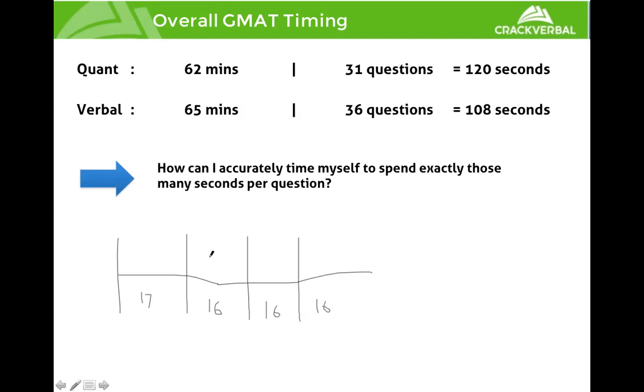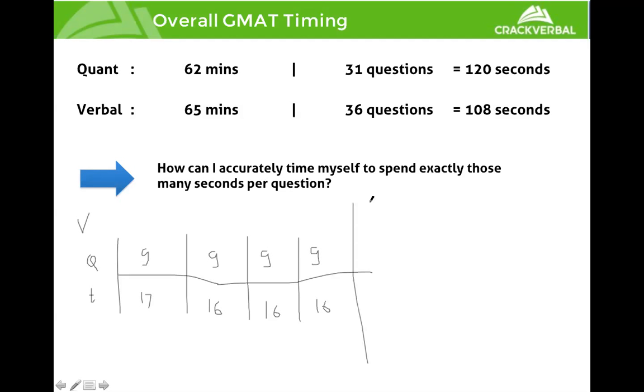If it had been 64 minutes, I would have given you a very nice 16, 16, 16 distribution. Now, you're supposed to do 9 questions each. So the first 9 questions, you solve in 17 minutes. Then you solve 9 more questions in the next 16 minutes, 9 more in the subsequent 16 minutes, and the last 9 questions in the last 16 minutes.